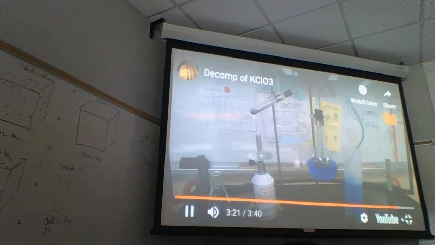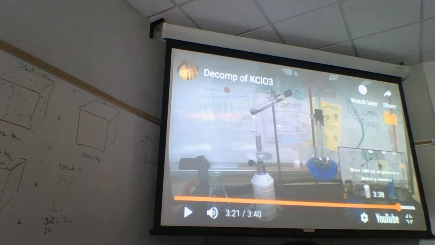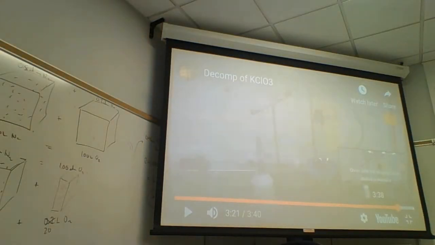So let's take a look at the reaction here. The redox reaction. KClO3, which is a solid, decomposes. When it decomposes, it forms oxygen gas. And do you know what the other product is? It turns out the other product is KCl.